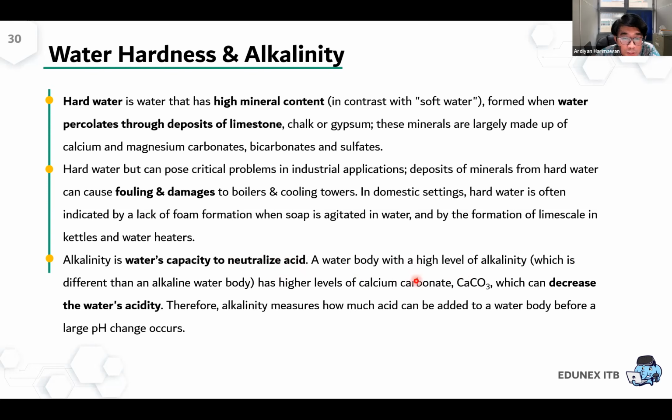A water body with a high level of alkalinity usually has a high level of calcium carbonate, because carbonate is the main compound that we find in water alkalinity, which can decrease the water acidity. Why do we need to decrease the water acidity? What will be the effect if you use water with low pH in an industrial process?